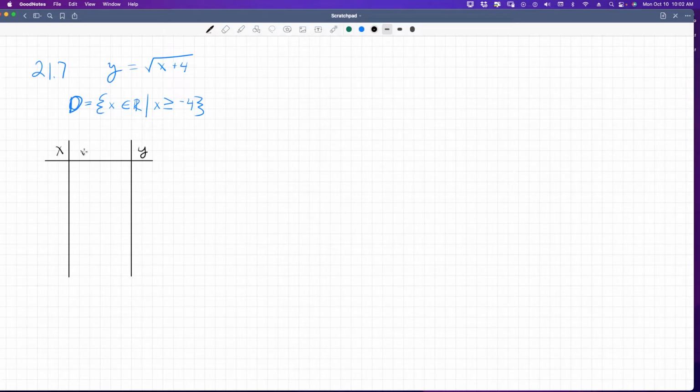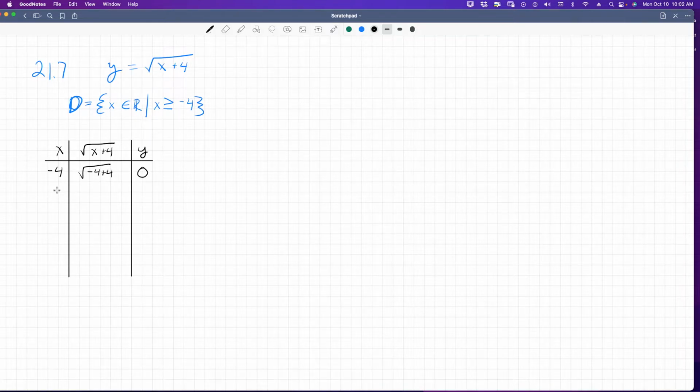So it's the square root of x plus 4, and I'm going to start with the very first number that x can be. The lowest number it could be is -4. So if I sub that in and I say -4 plus 4, well, that's going to be 0, so y is 0.